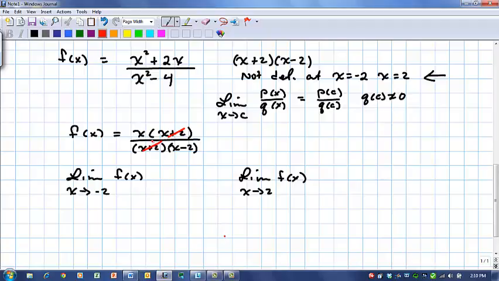In both cases, these limits will equal the limit of x over x minus 2, as long as x is not equal to -2; the two functions agree.